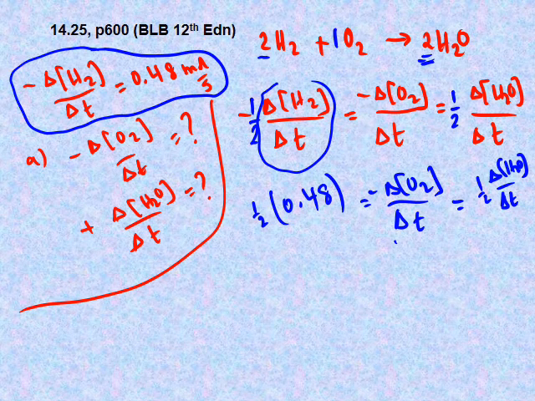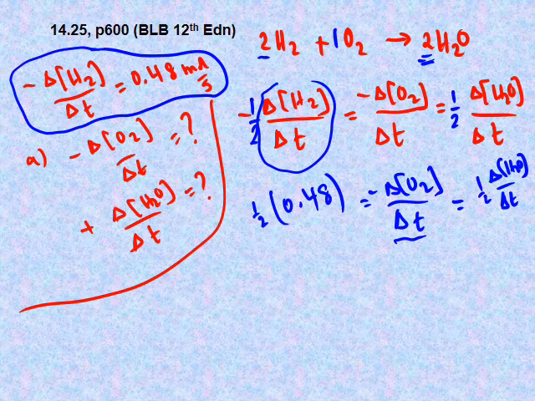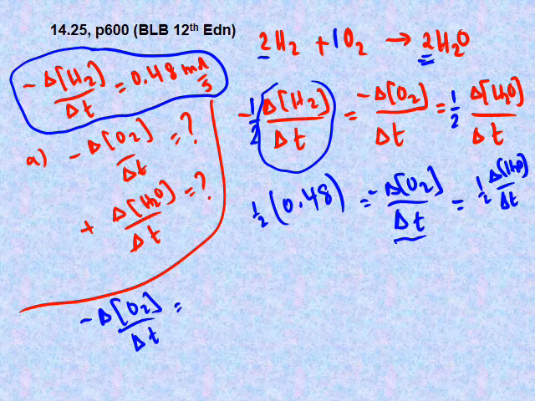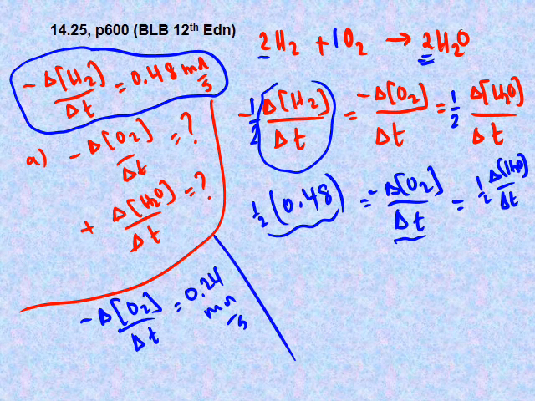Now, from here, our first answer is the value for the oxygen dissipation rate. So I'm going to write on the left that minus delta O2 over delta t equals 0.24. That's what we get from here, and the unit remains mole per second. Make sure you write down the unit so you know how you express the rate. So we got this value from these two expressions.